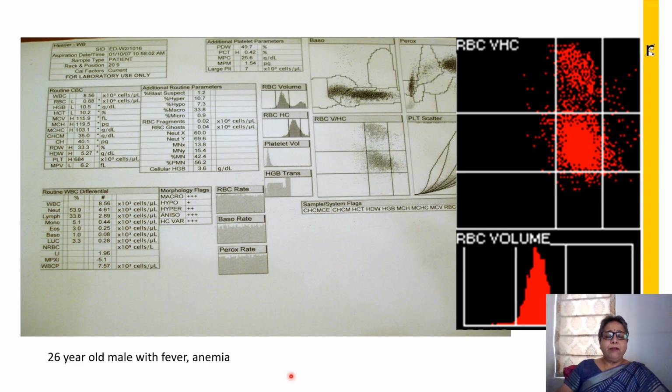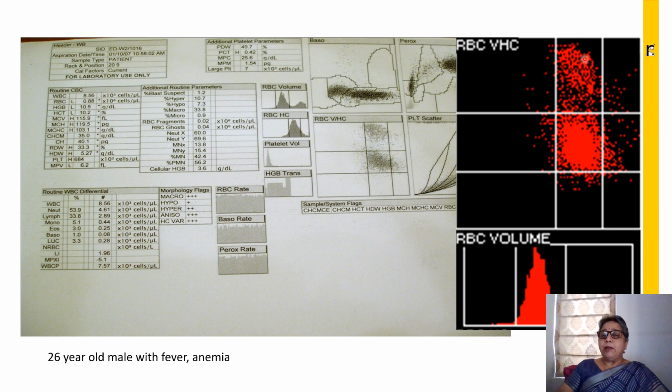So here we have a 26-year-old male with fever and anemia. What has happened here is, again, you have macrocytosis with an MCV of 115. If you look at the scatter, you have a macrocytic cell population and you have a normocytic cell population. These are two distinct cell populations that we are seeing on the scatter.